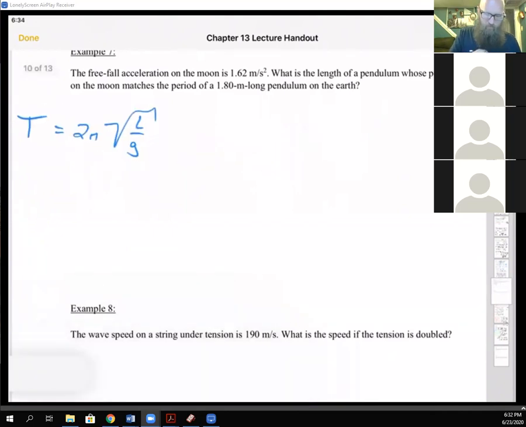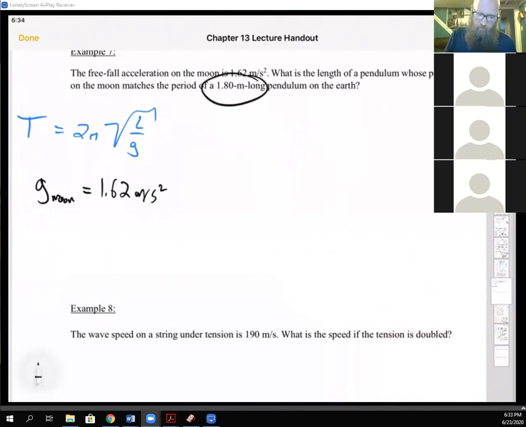Okay. So free fall acceleration on the moon. So I can say g moon is 1.62 meters per second squared. So what is the length of a pendulum whose period on the moon matches the period of a 1.8 meter long pendulum on Earth? So g moon is this.